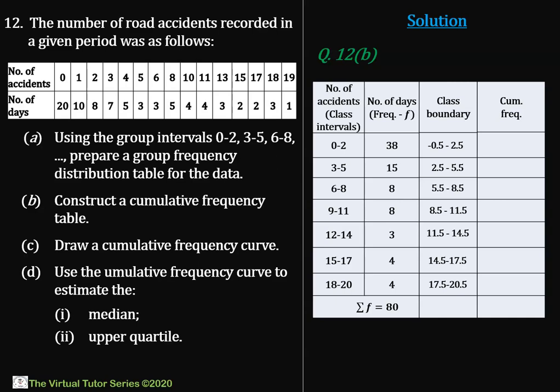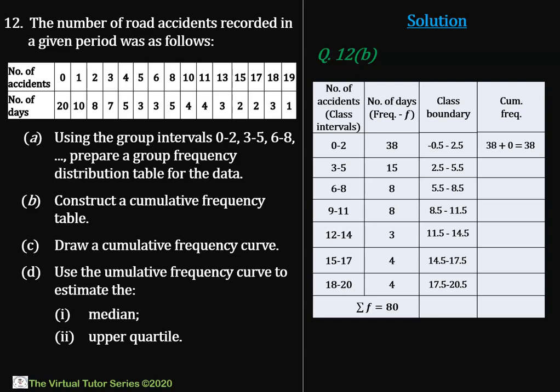We will now calculate the cumulative frequency of each class by summing up the frequency of that class and the cumulative frequency of the preceding class. So for the first class, we have the frequency to be 38, and there is no preceding class. Therefore, the cumulative frequency for that class is 38. The next class has a frequency of 15, and the cumulative frequency of the preceding class is 38.